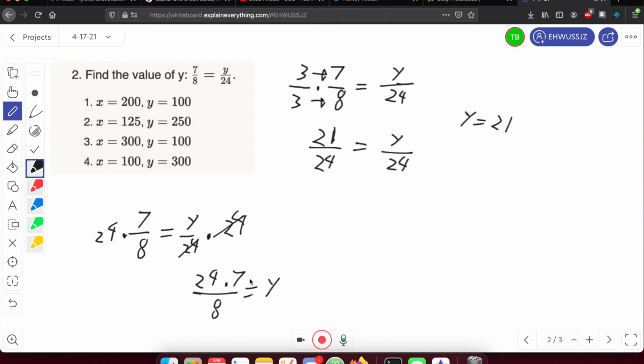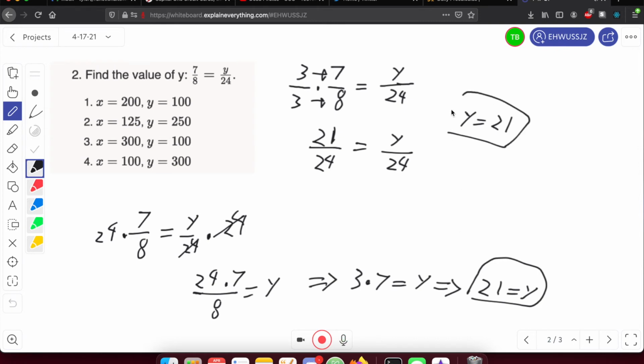And now it's just a matter of simplifying this. We know that 8 goes into 24 3 times, so we can divide 8 out from the top and the bottom, and we end up with 3 times 7 is equal to y. So 3 times 7 is 21, so we have 21 equals y, which you'll notice is the same answer as we got up here.